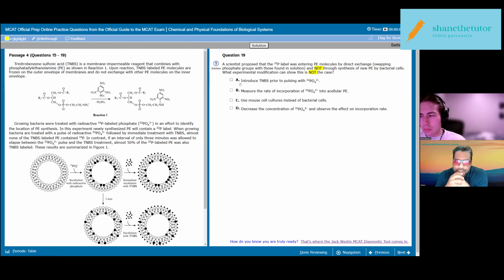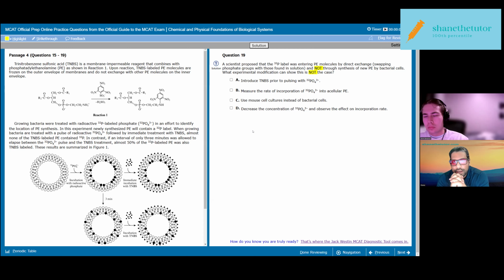What experimental modification can show this is not the case?